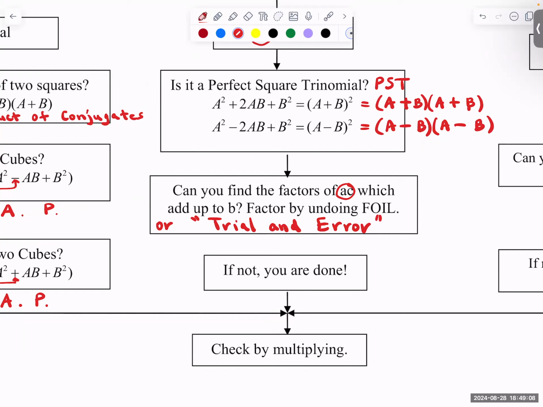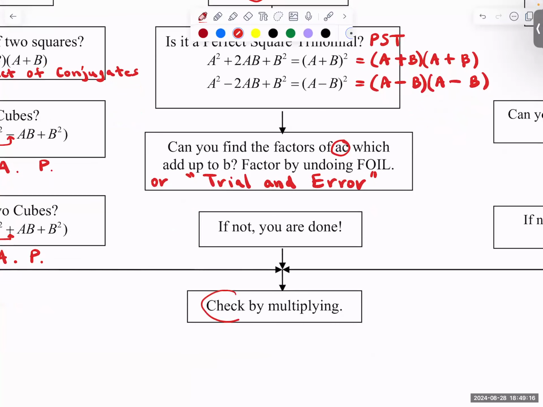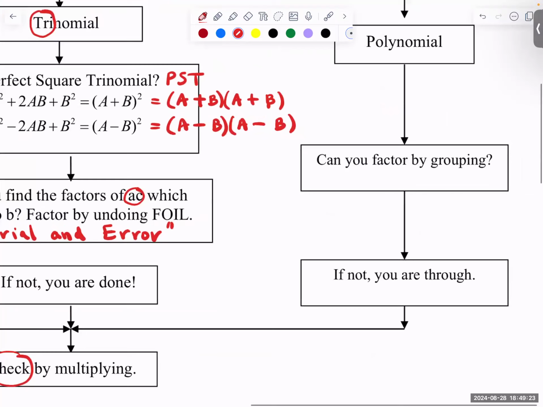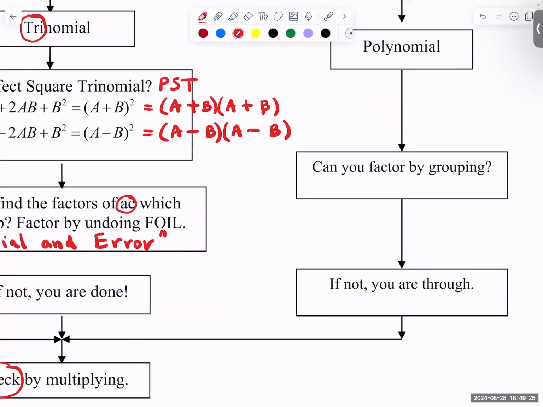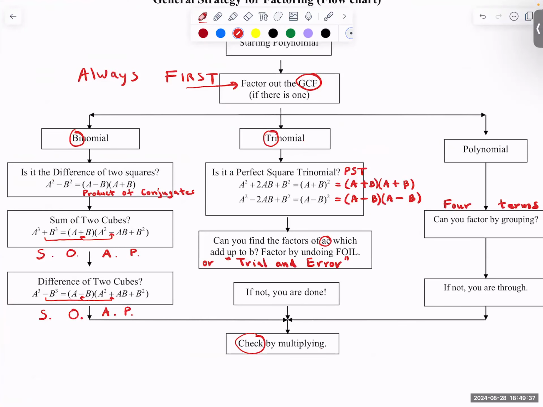And you can check your factorization if it's the product of two binomials by doing FOIL to check your factorization. If the polynomial has 4 terms, then we try to factor by the grouping method. Let's do some examples.